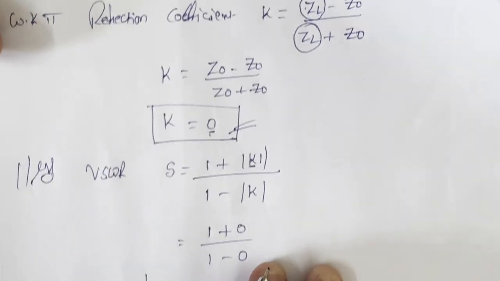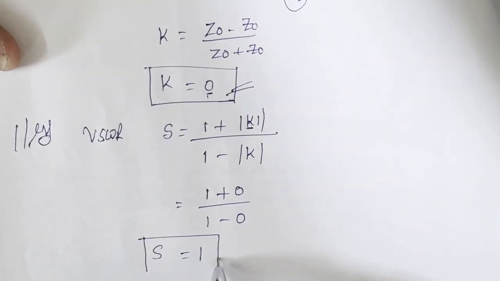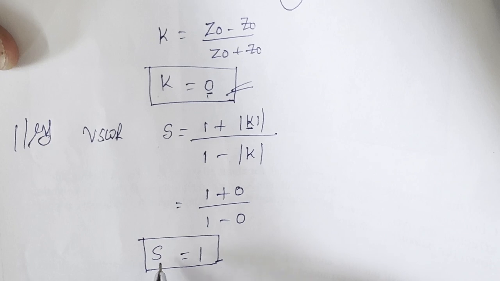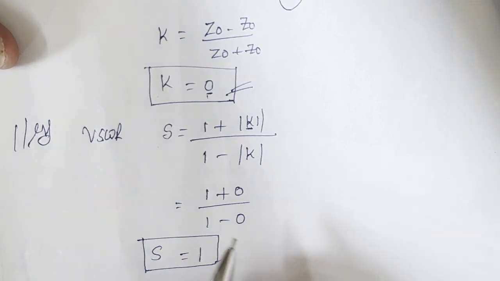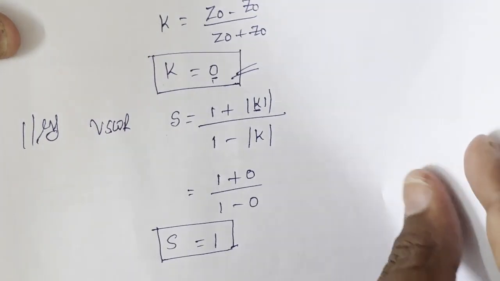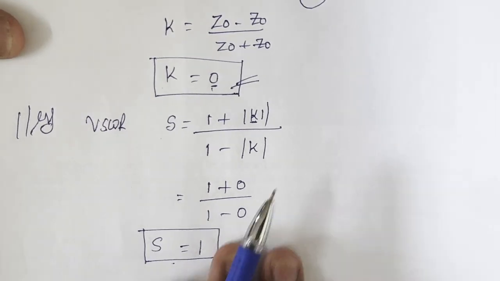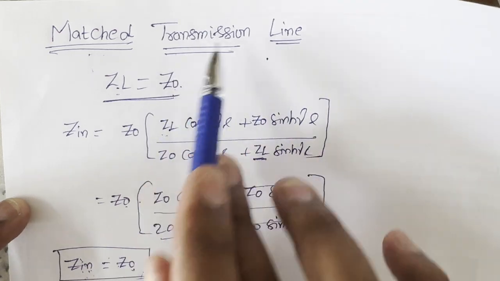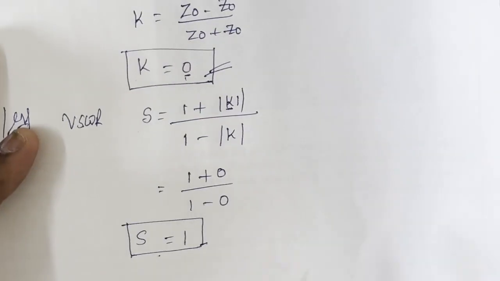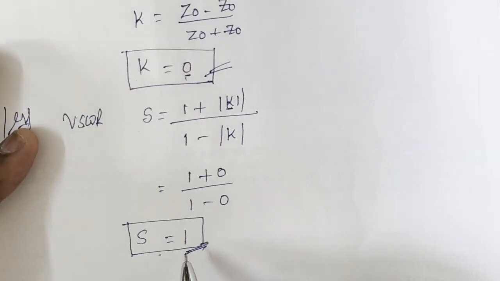So the value of VSWR, voltage standing wave ratio, for a matched transmission line is 1. It is one of the important points.